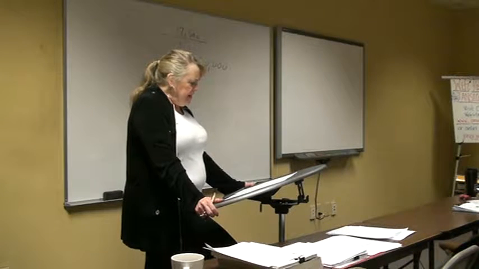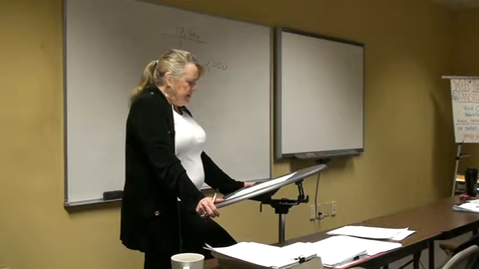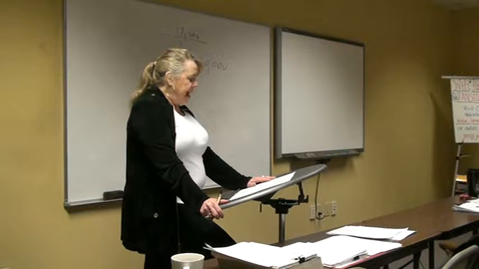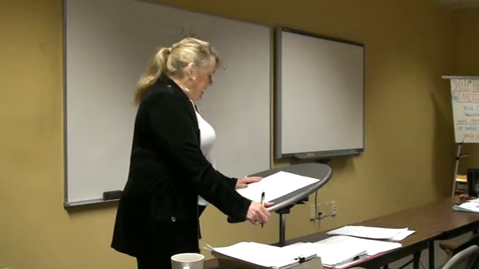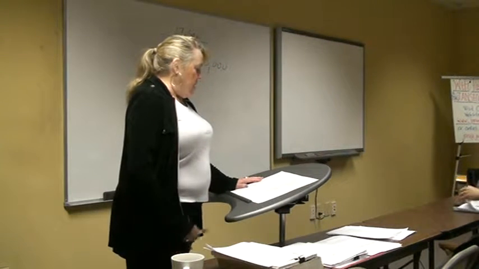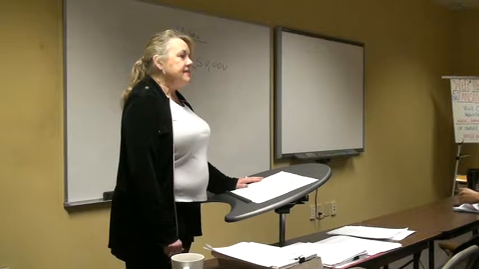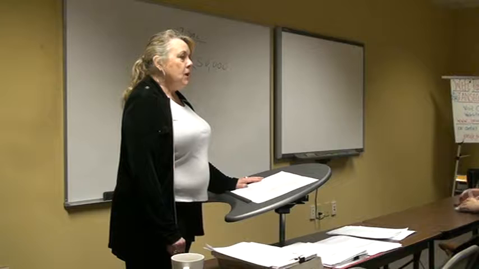All right, so let me look here a minute and see if I can find some that I think you really need to make sure you understand. Is everybody good on number 3, what the factor means? When it says for a 25-year loan at 6%, the factor is 6.85. What does that mean?